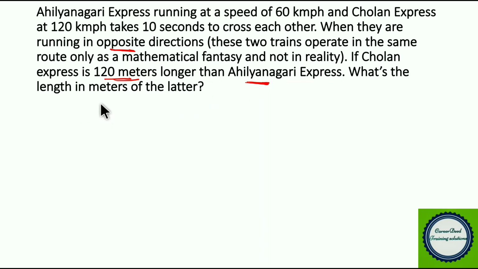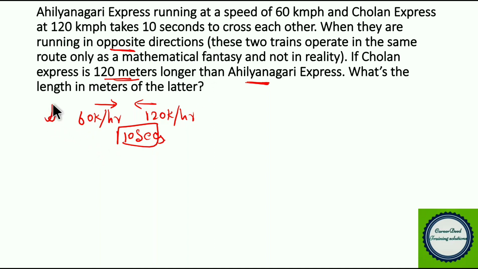Here both the trains are running in opposite directions. The speed of Ahilyanagiri Express is 60 km per hour and the speed of Cholan Express is 120 km per hour, and both take 10 seconds to cross each other. It is given that Cholan Express is 120 meters longer than Ahilyanagiri Express.